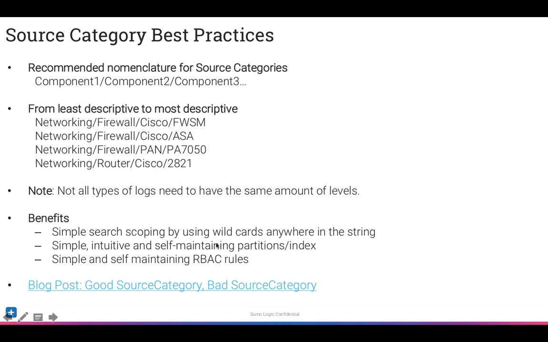As I said, I'm going to share this deck with you, so there is some explanation here on what makes a good source category and some examples of some bad source categories. So if there's anything that you're taking from this webinar, is definitely go back. If you haven't started, think of what makes sense to have as a good naming convention for your source categories.